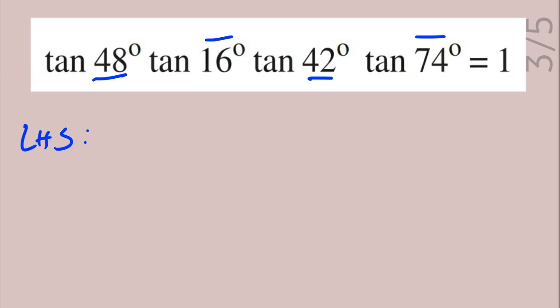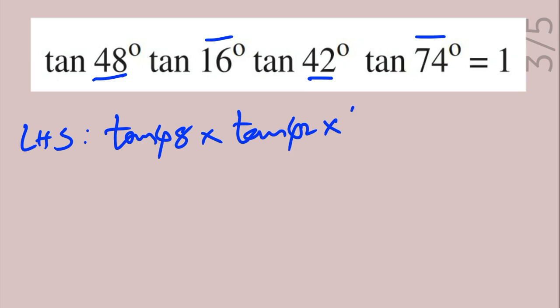Now I'll do some rearrangement, like tan 48 into tan 42 I'll write it here, and into tan 16 into tan 74 I'll write it here. So according to the commutative property we can write it. Because we can't multiply here, complementary angles will use complementary ratios.